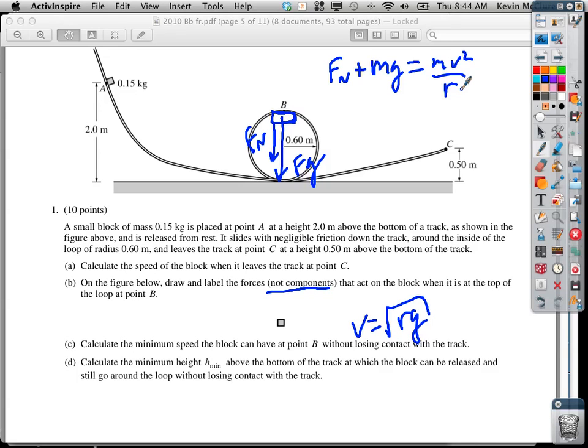Okay, so that means that at the minimum vertical velocity, the only force pulling down is gravity. So at minimum vertical velocity, Fn is 0. And that's the key. This goes away, v is square root of rg.